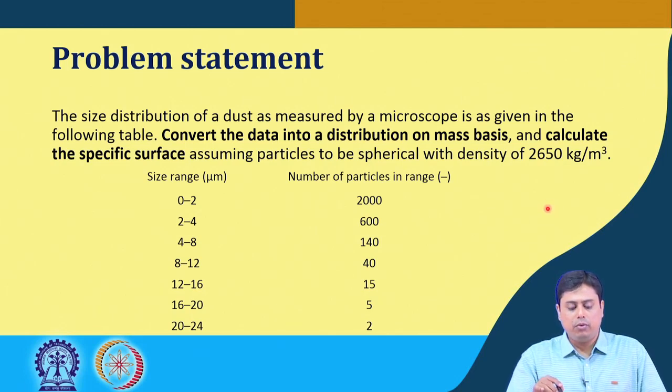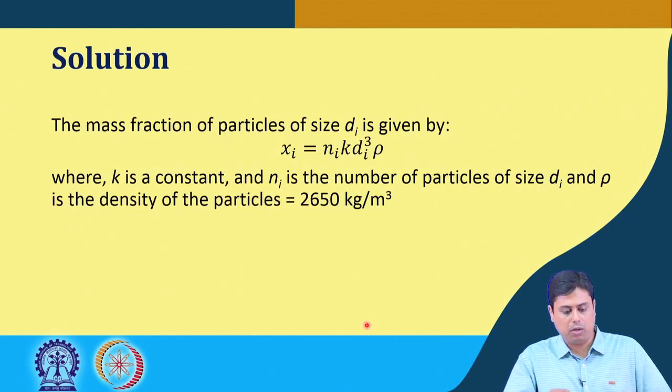Now if you remember the last class, there I showed you the relation between the x, which is the mass fraction, and the n, which is the number distribution. So, the relation between xi and ni here comes into play. Okay. So, let us attack this problem.